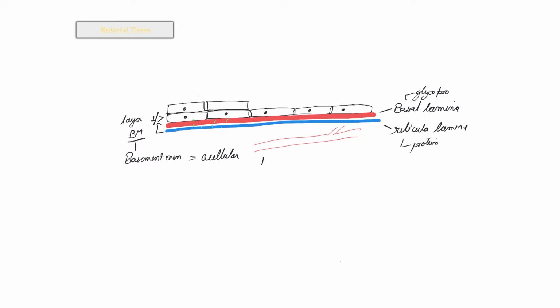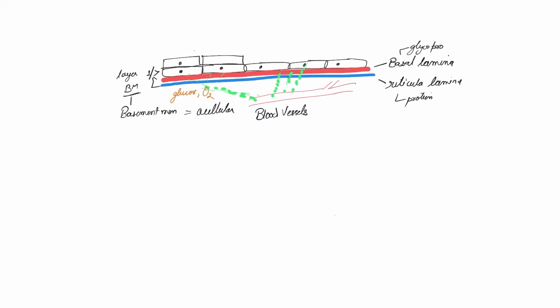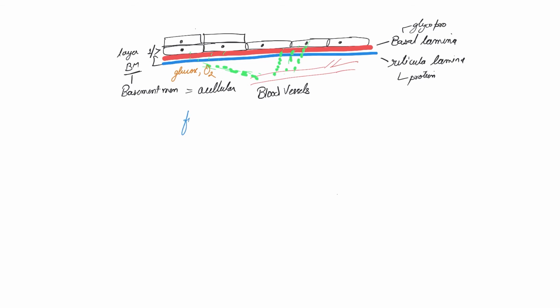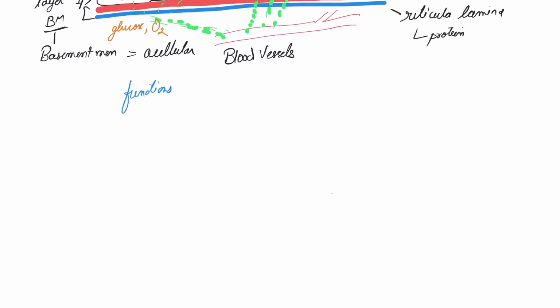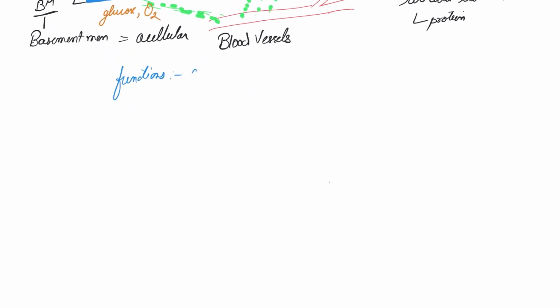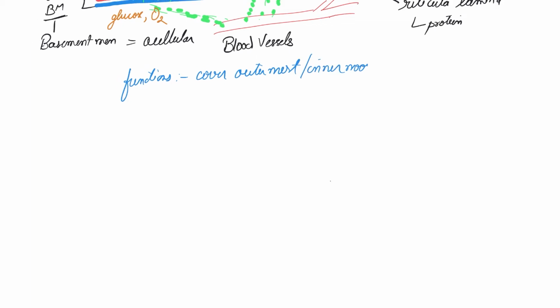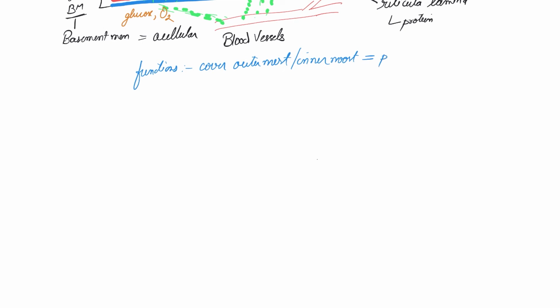The blood vessels are beneath it, so the glucose or the oxygen, whatever needs to reach these cells, will always be diffusing across. Now let's talk about the various functions that we can attribute to epithelial tissues. Epithelial tissues mostly cover the outermost and the innermost surfaces, and that is why their most important job becomes protection.